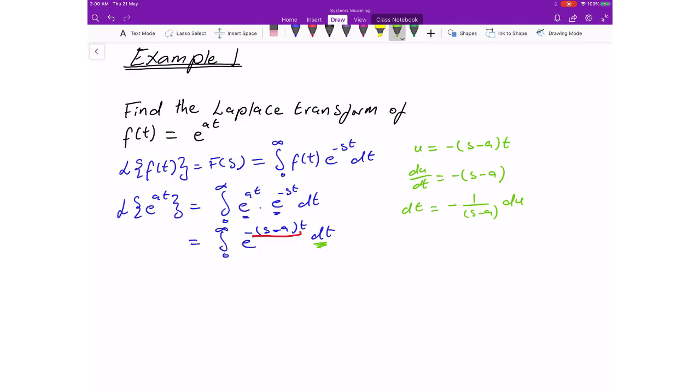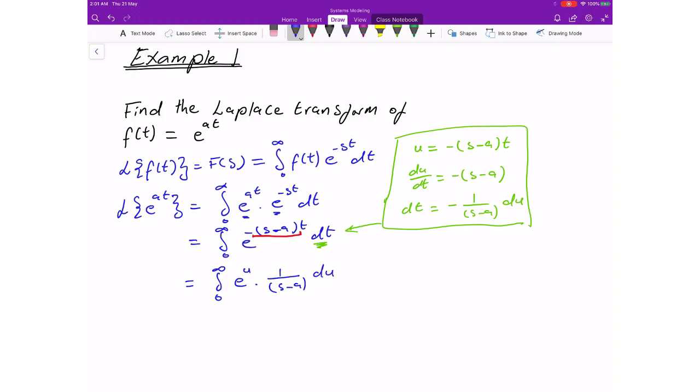Now we have u, we have dt. So we can substitute what we have here back into this equation. So I'm going to rewrite that. Again, integrate between 0 to infinity. Now we have e to the u multiplied by 1 over, which is your dt, s minus a du.